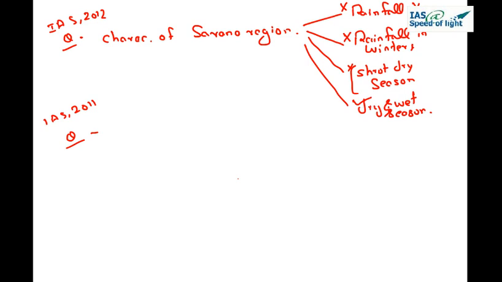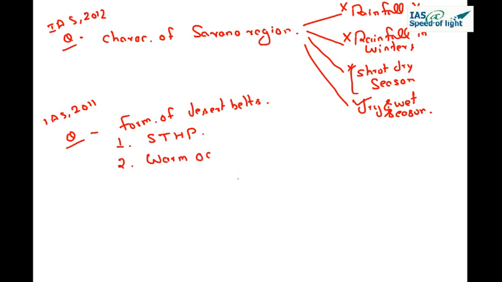So they are giving two statements for the formation of desert belts. The first statement is it is subtropical high pressure belt. Second, it is under the influence of warm ocean current.